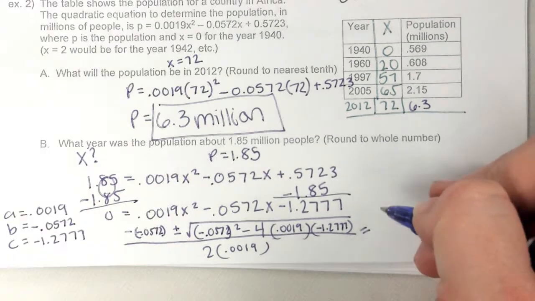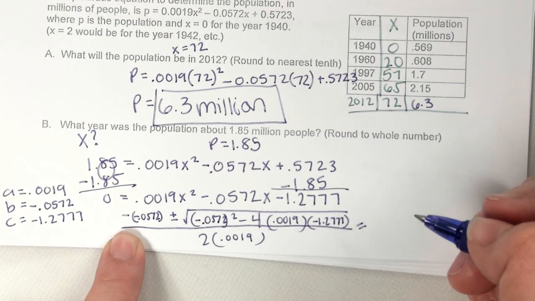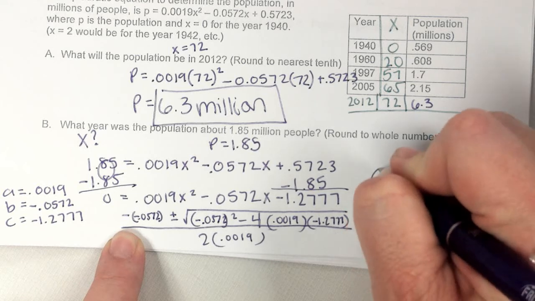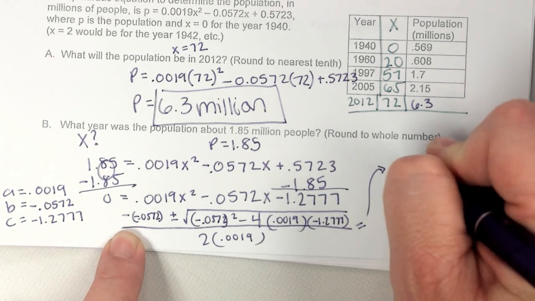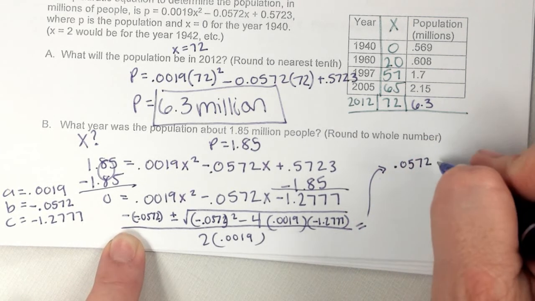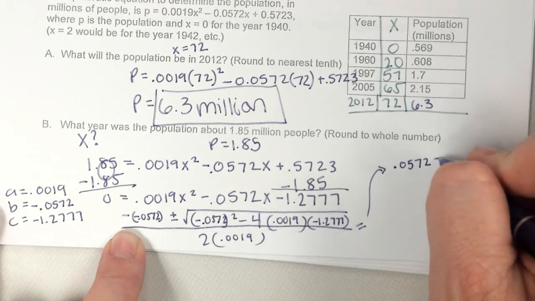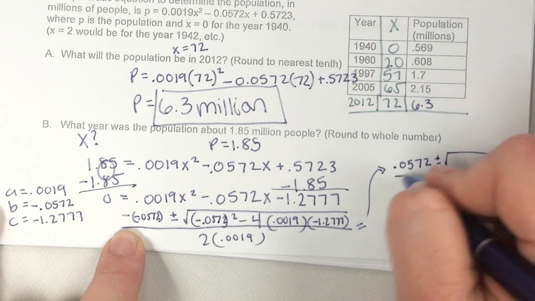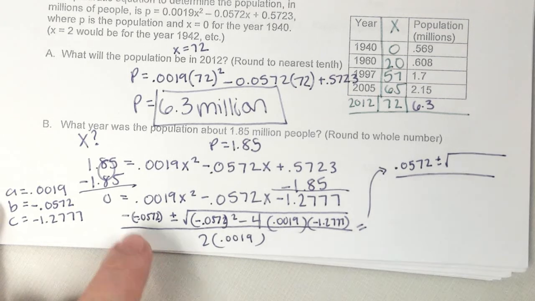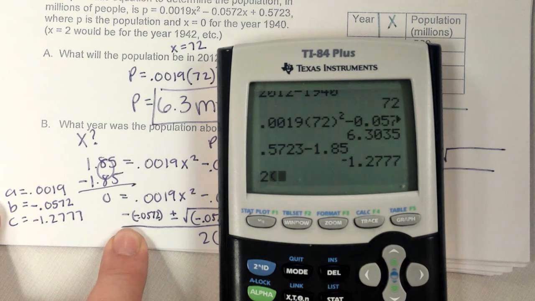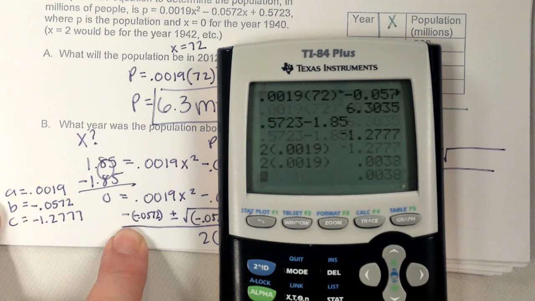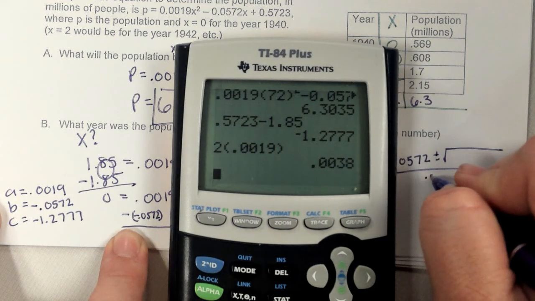So again, we're going to break it apart one piece at a time. 2 negatives makes a positive. So this becomes, I'm going to bring it up here, positive 0.0572. You got me. I wrote it right, said it wrong. What's 2 times 0.0019? So 0.0038.